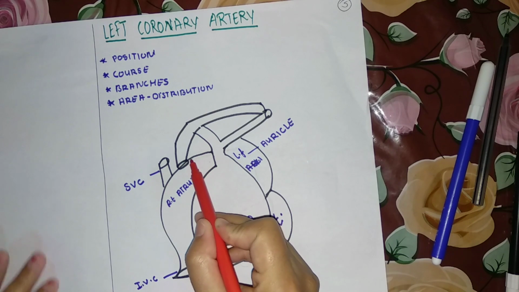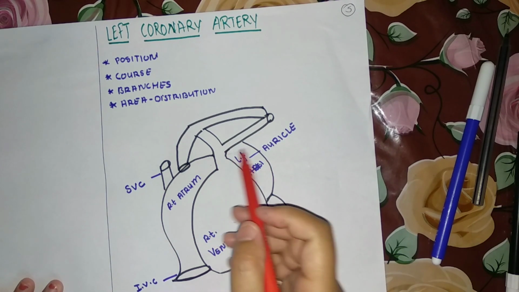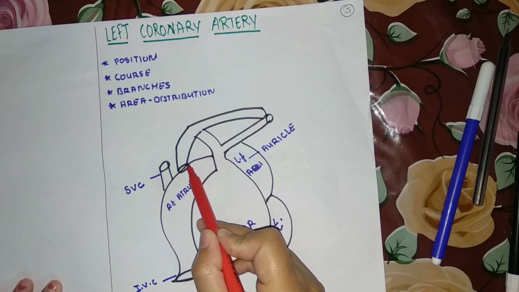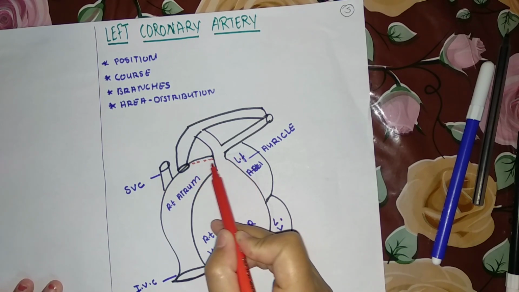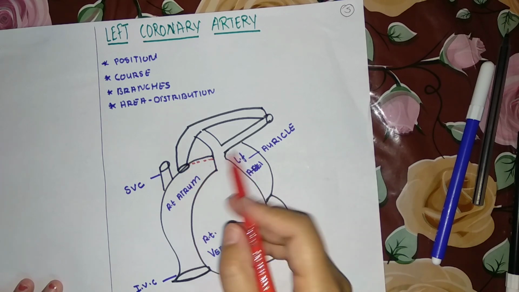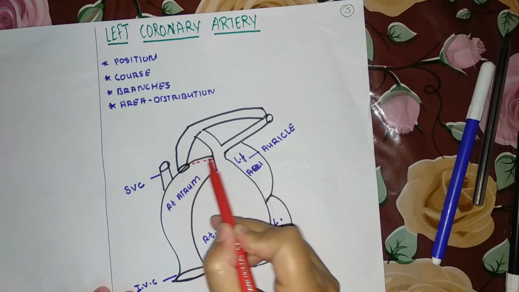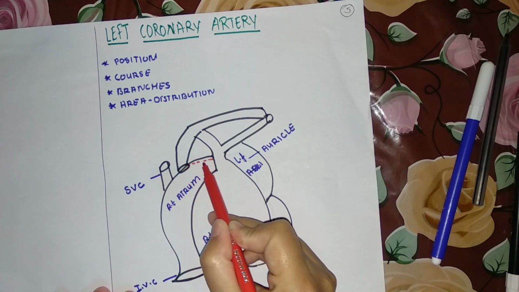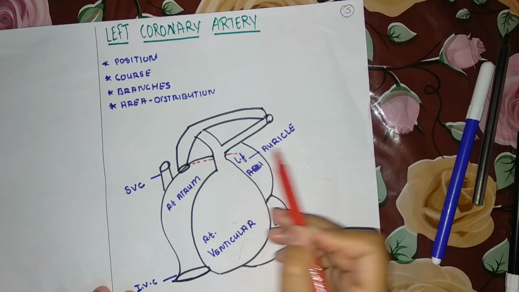Let's begin with the diagram of how the left coronary artery looks. This dot means the posterior side. First, the left coronary artery arises from the posterior side of the left side, and then it reaches to the left.